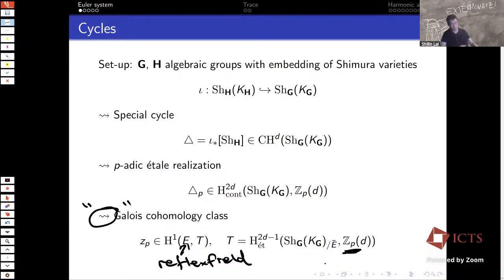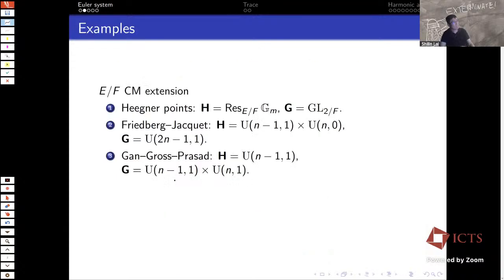Now I'm going to give you 3 examples. I'm going to take E over F to be any CM extension, but concretely K over Q, K imaginary quadratic is good enough. So the basic example is Heegner points. Here G is GL2 over F, so its Shimura variety is just a modular curve. In this case, I really probably should put Q here and imaginary quadratic.